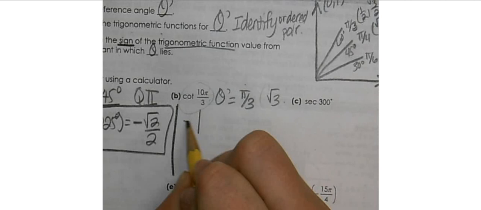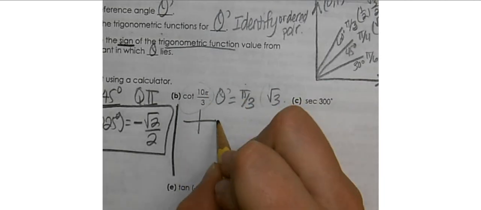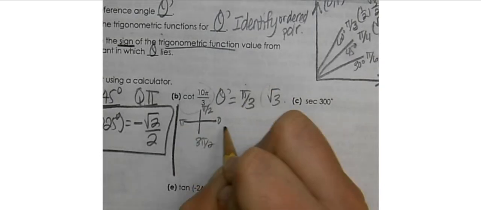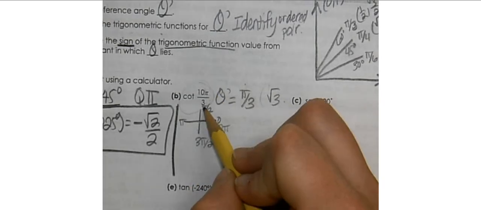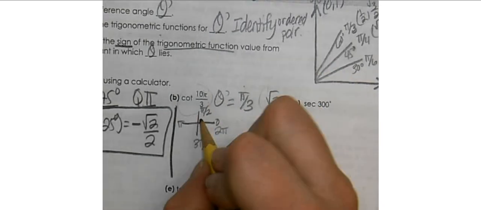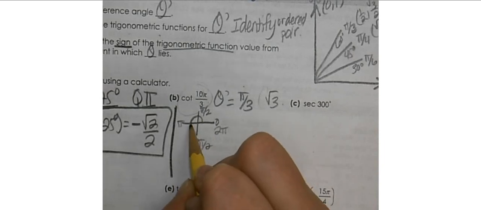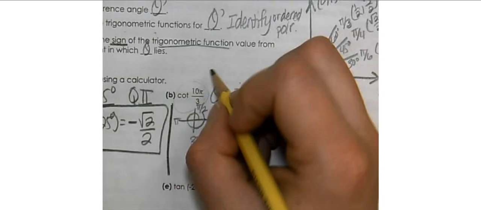So I'm going to draw a really quick sketch, and we're talking about 10 pi's over 3. I know that this is 0, this is pi over 2, pi, 3 pi over 2, and 2 pi. Well, I know that 3 can go into 10 three whole times with 1 left over. So 10 over 3 is equal to 3 and a third pi.